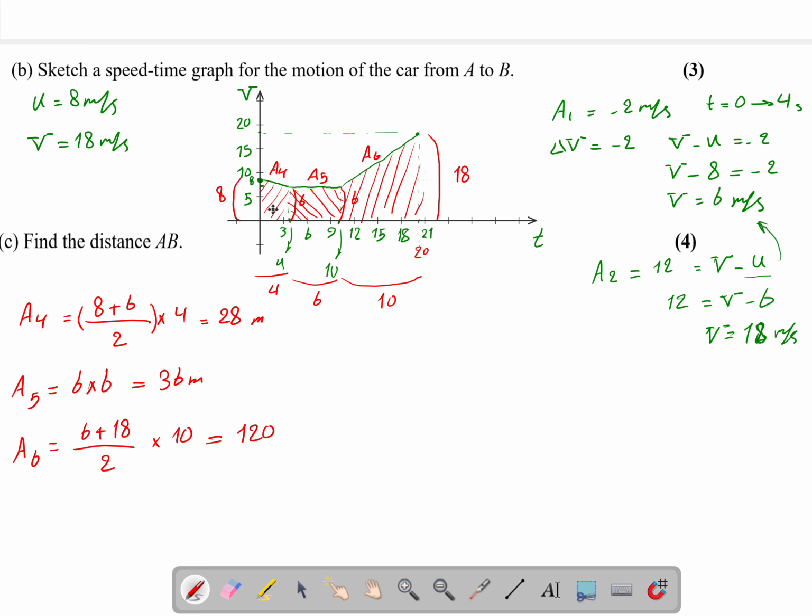Okay, so the sum of these three areas, A4 plus A5 plus A6 equals 28 plus 36 plus 120 equals 184 meters, the total distance from A to B.